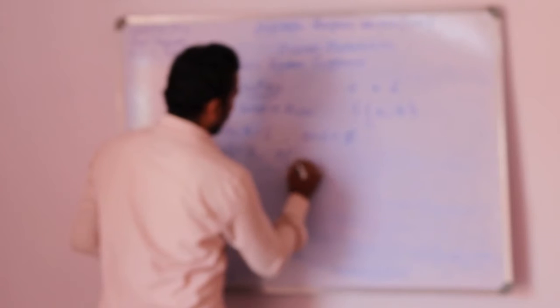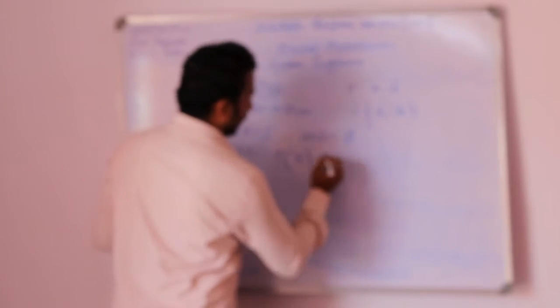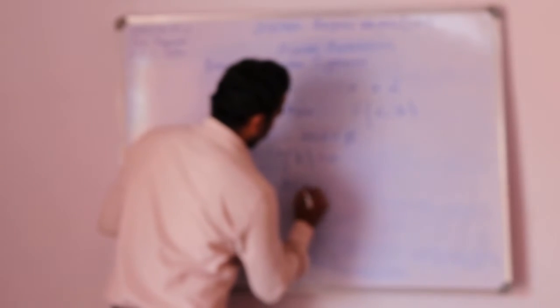Okay, the probability of A will be 1. The probability of A bar will be 0. If I consider a random variable for this function, then I can write x of A will be 1, x of A bar will be 0.